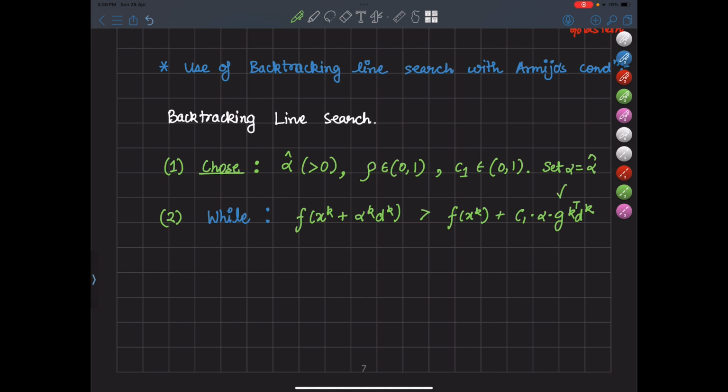Basically this means that as long as the Armijo condition is not satisfied, we keep on updating alpha such that it is reduced. If rho is between 0 and 1, then rho times alpha actually decreases the value of alpha. So we keep on updating alpha till the Armijo condition is satisfied. Once it's satisfied, we end the loop.